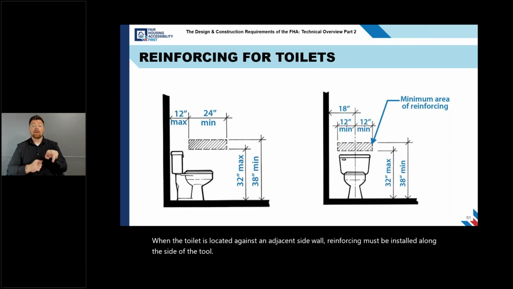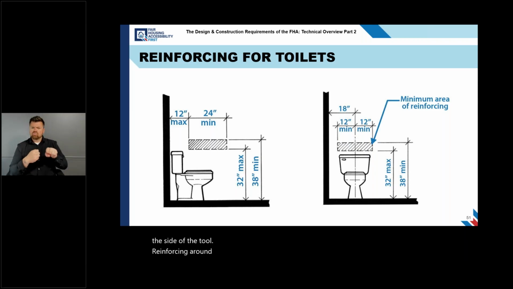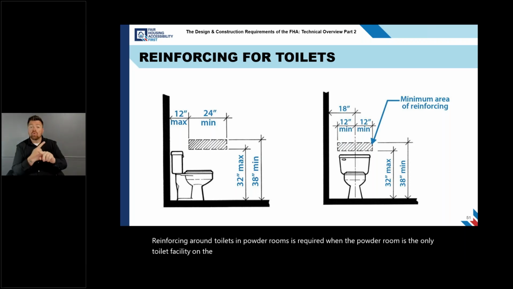Reinforcing around toilets in powder rooms is required when the powder room is the only toilet facility on the entry level of a multi-story dwelling unit in an elevator building.